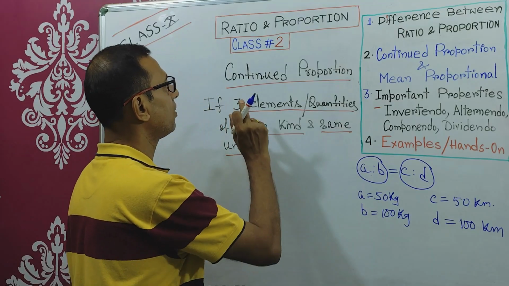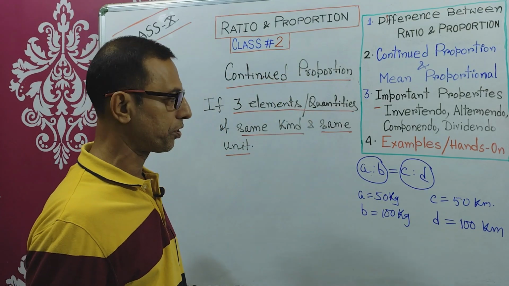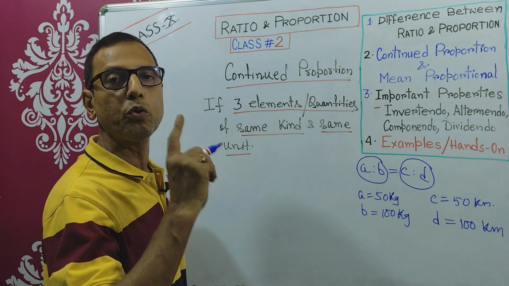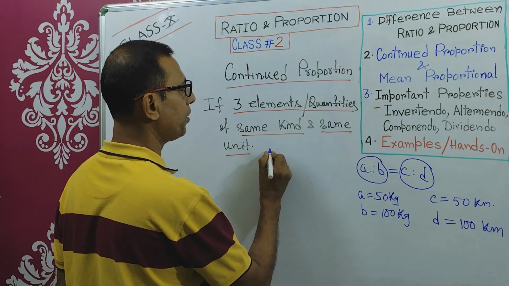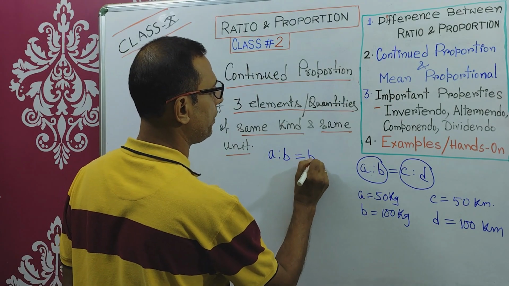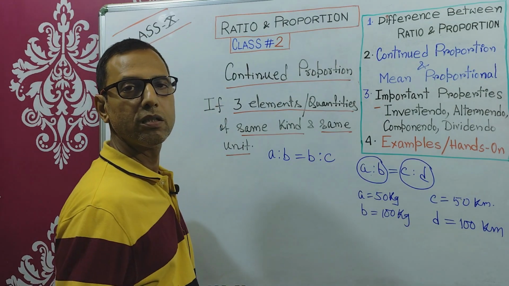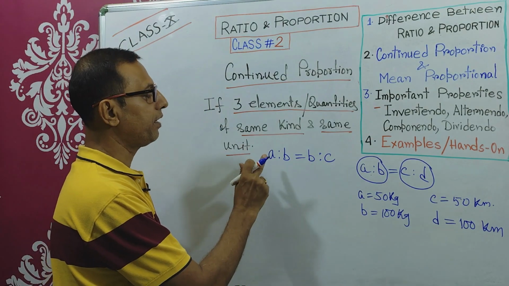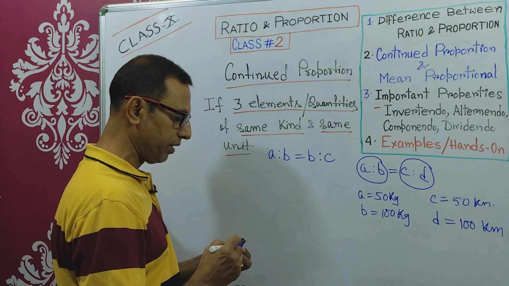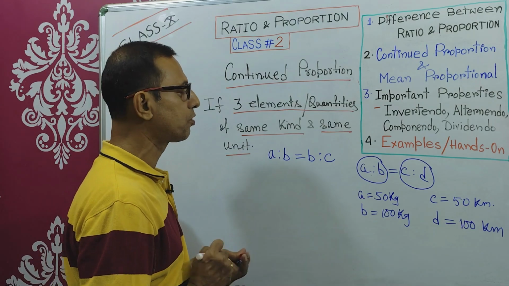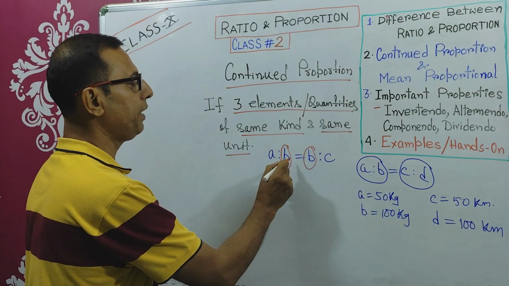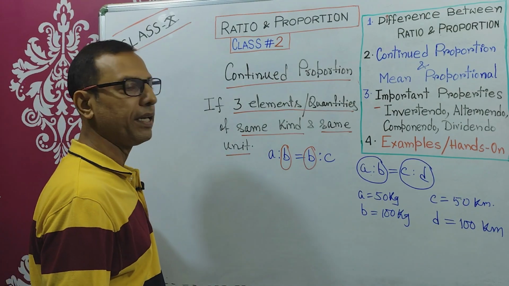But when I am talking about continued proportion, that means there is a common element between these two ratios. So continued proportion is when A is to B equals B is to C. That means there is one common element, which is B, between these two ratios. This B is called the proportional mean.